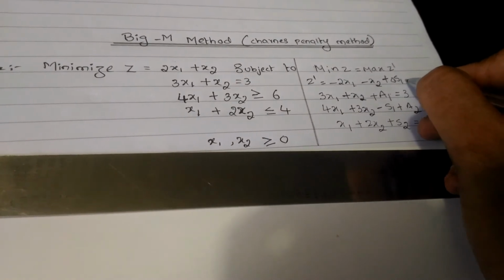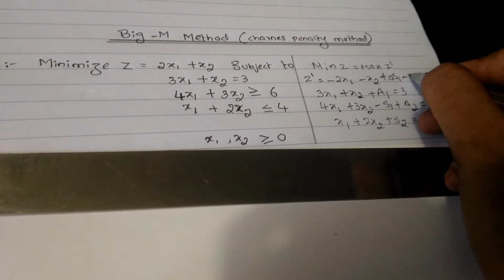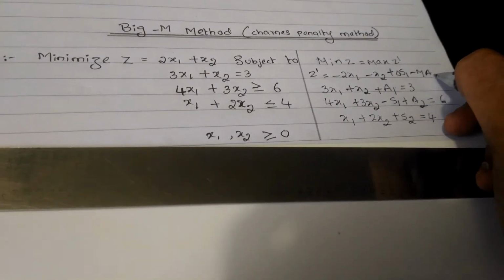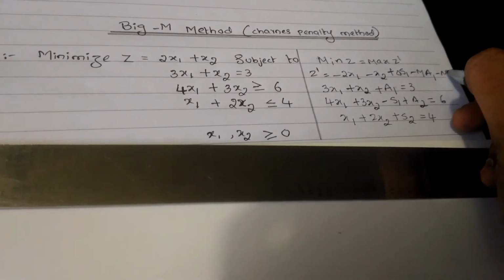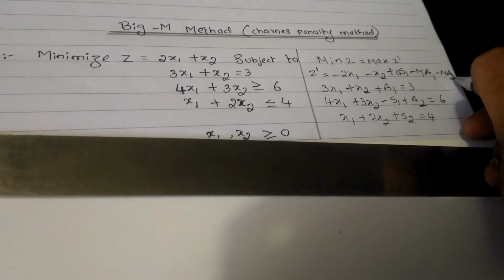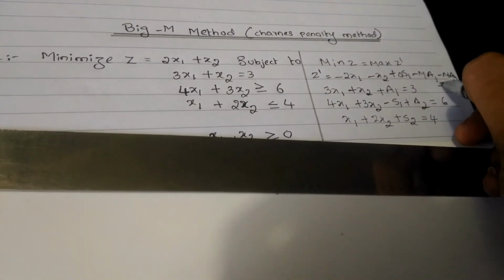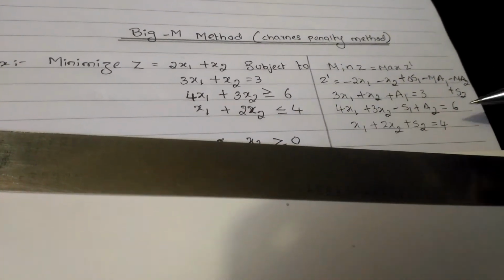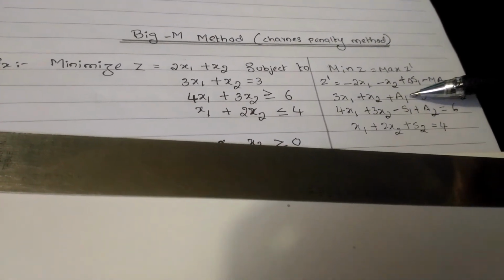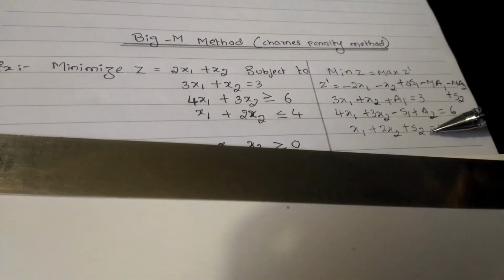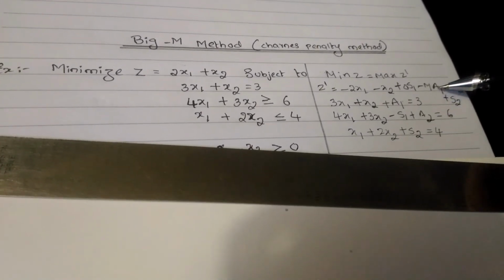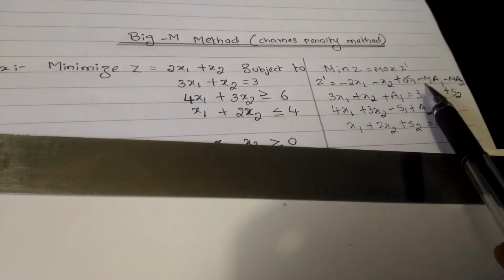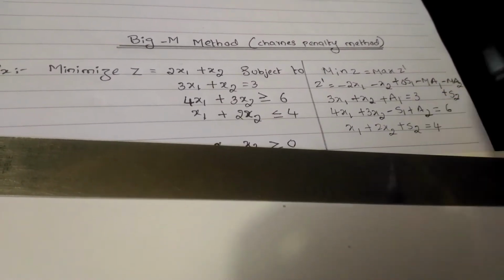It will be minus, and we will prefix a variable M for a1. Similarly M for a2, and this will be plus 0 s2. This is how we bring all these artificial variables, slack variables and surplus variables into the z function. Now we will have to bring all the values of the RHS part of this particular z function into the LHS.